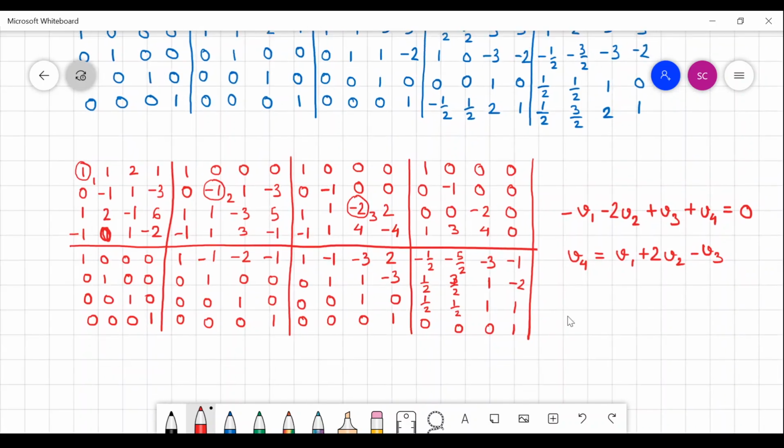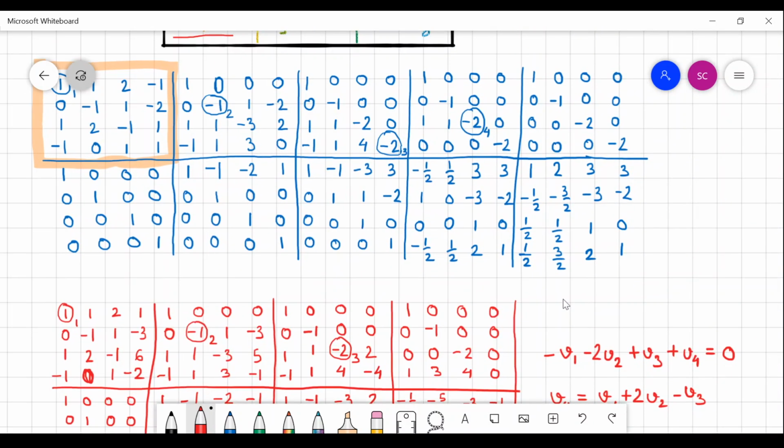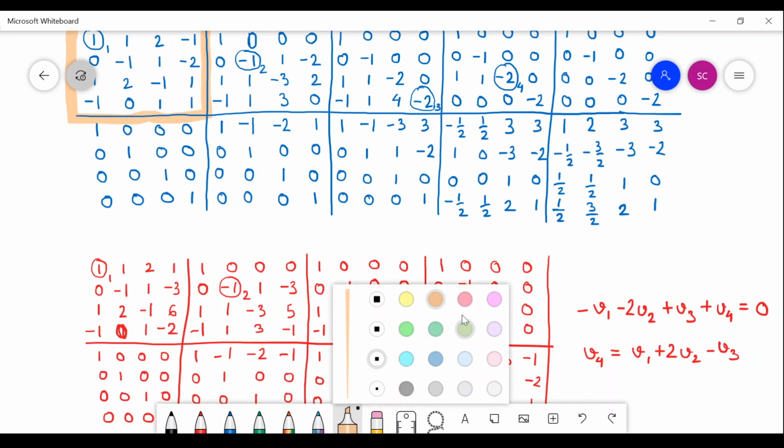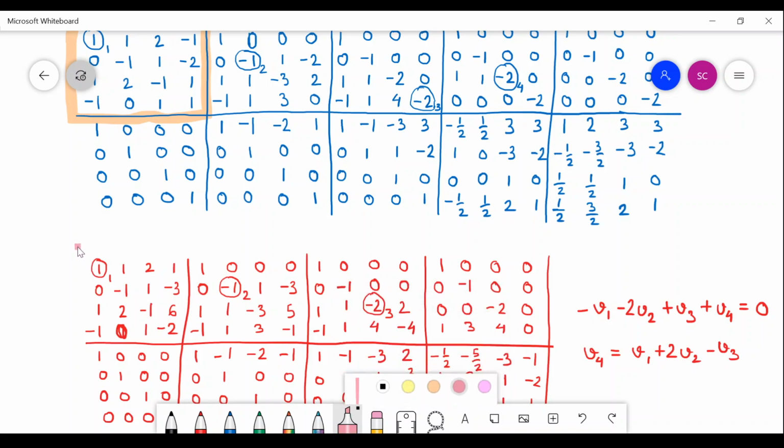Now coming to the, so this is what we did. We did the numerical operation only, and we understood that the first set of vectors were independent vectors, but the second set of vectors, which are these, are dependent set of vectors.